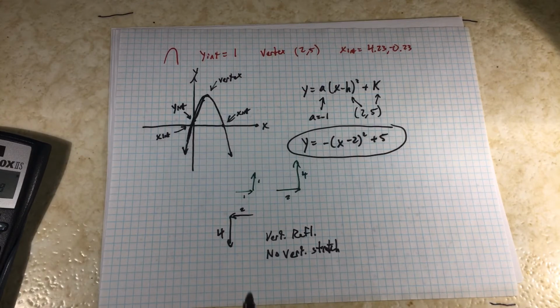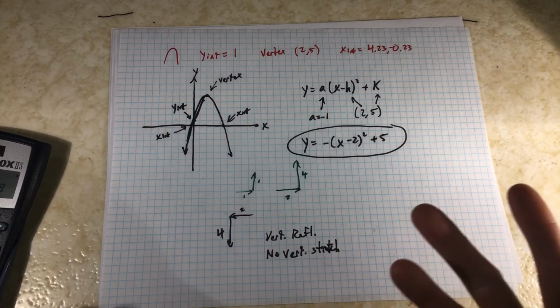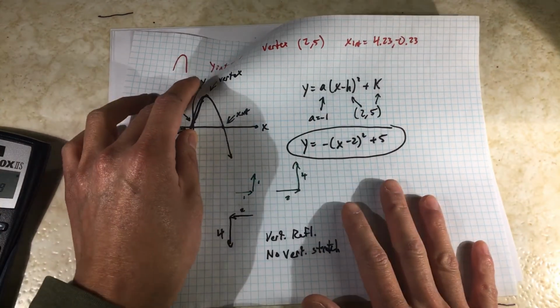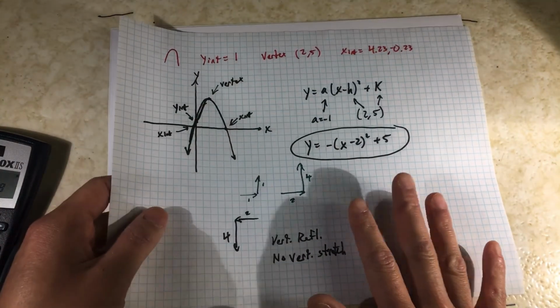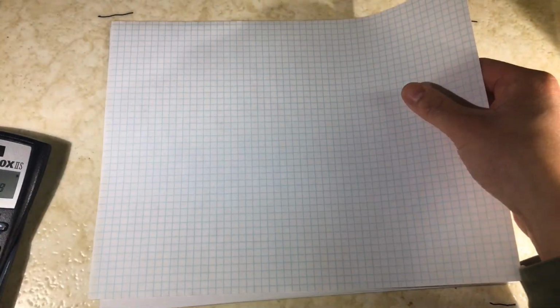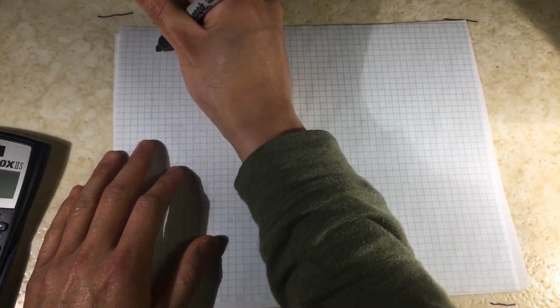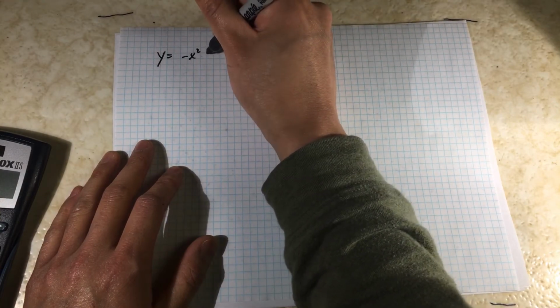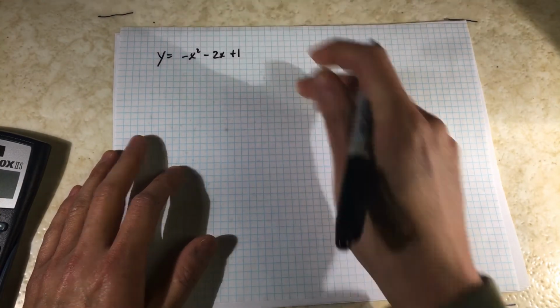I'll show you a little bit later a more complicated version of this where you don't have integer points, but this is basically what your homework is going to be like. You have two long ones, kind of like that. So I'm going to give you one to try on your own: y is equal to negative x squared minus 2x plus 1.